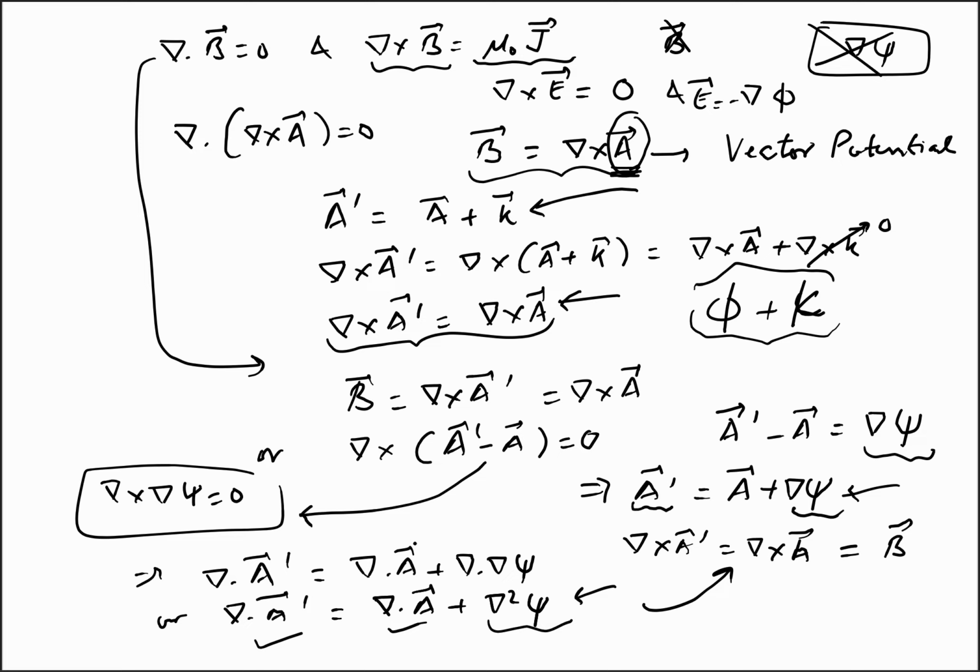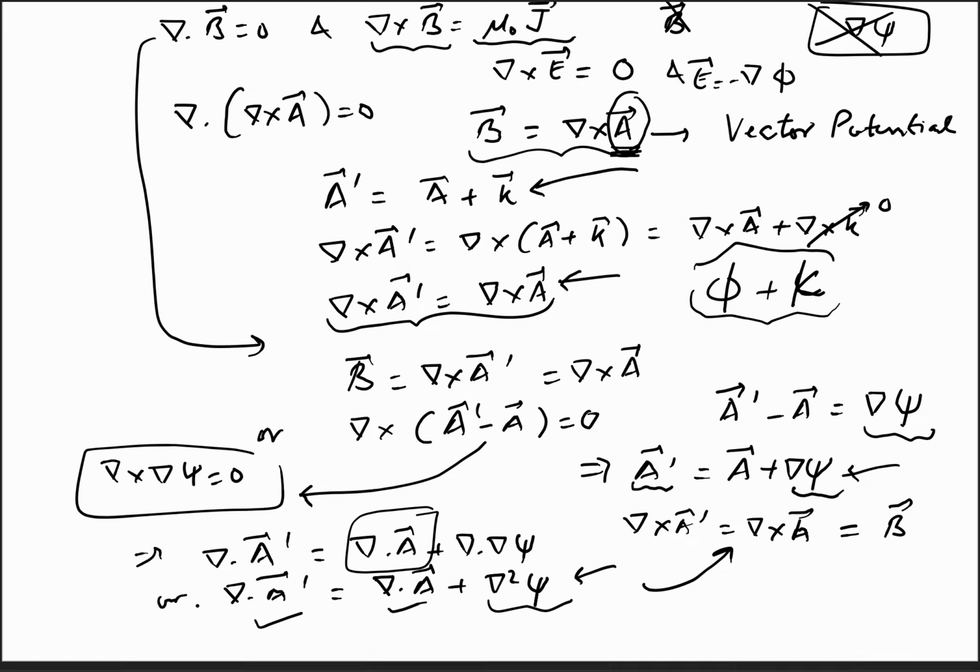Now, to make our life simpler, at least in magnetostatics, we have freedom to choose the divergence of A, and we will see what choice will be better for us. So you see that del dot A prime was equal to del dot A plus del square psi.